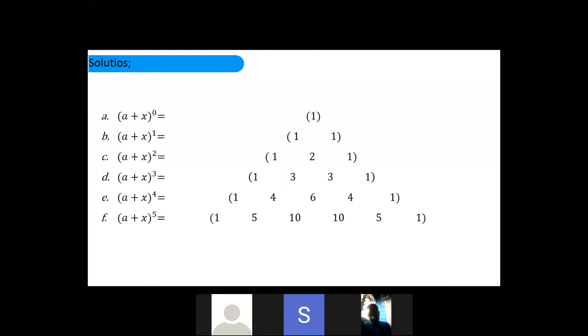It was named after a French mathematician and philosopher called Blaise Pascal. Blaise Pascal came out with this approach of expanding a binomial expansion. So Blaise Pascal, the French mathematician, is the reason behind the Pascal's triangle used in binomial expansion.